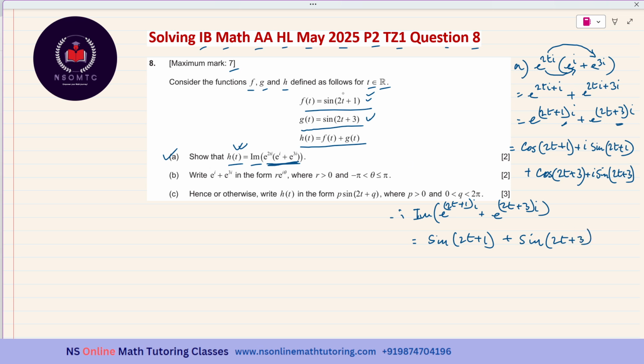Okay. And sine 2t plus 1 is f of t and sine 2t plus 3 is g of t.